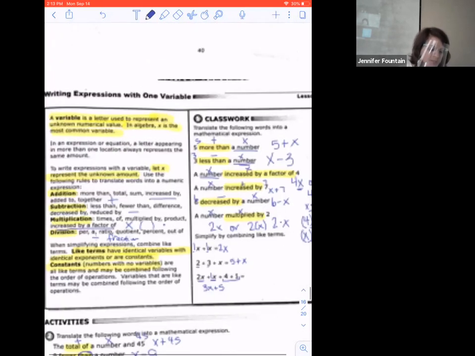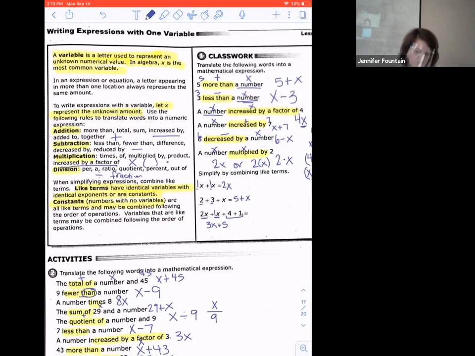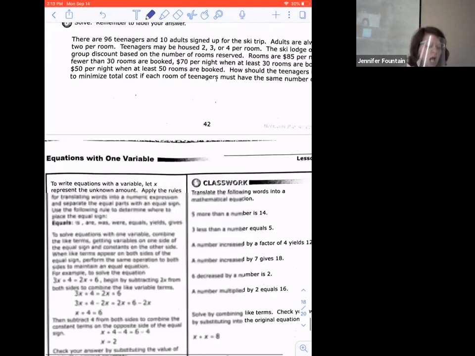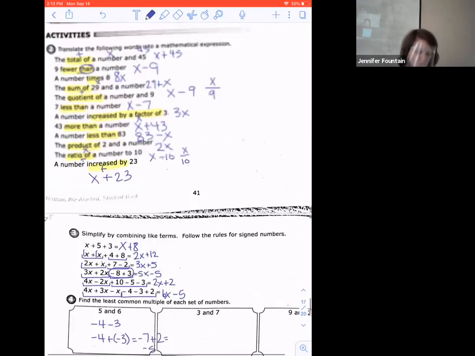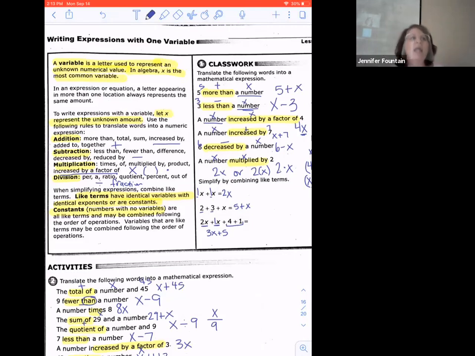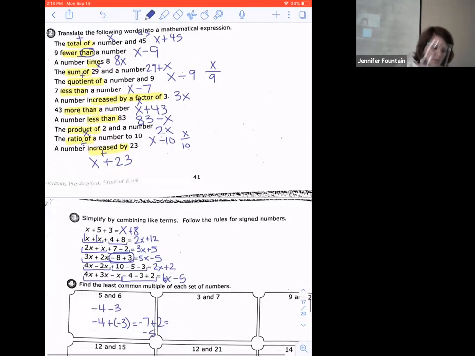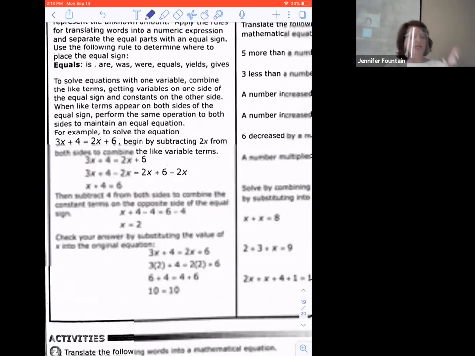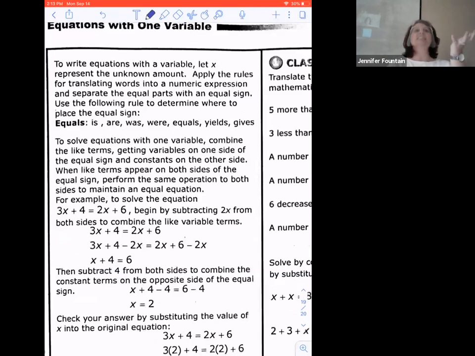Let's flip back for just a minute to writing expressions with one variable. When we wrote these expressions, we just gave part of it, but we didn't say it is equal to whatever. Now when I use the word equation over here in lesson 20, an equation means that I've got something on one side equal to something on the other side.